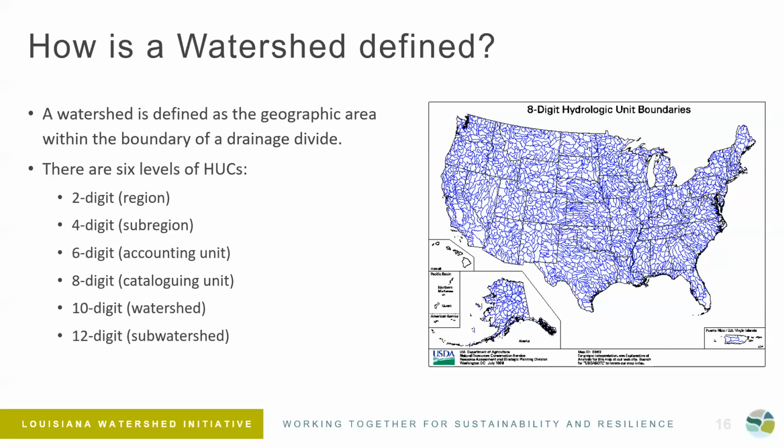Modeling 101, I'm not going to spend a lot of time on this, but in talking, I know that not everybody that's here or everybody that's online has a full understanding. These are the HUC boundaries. The more numbers you've got, the smaller the sub-watershed.